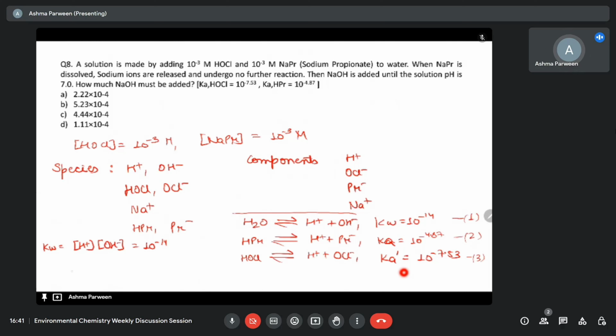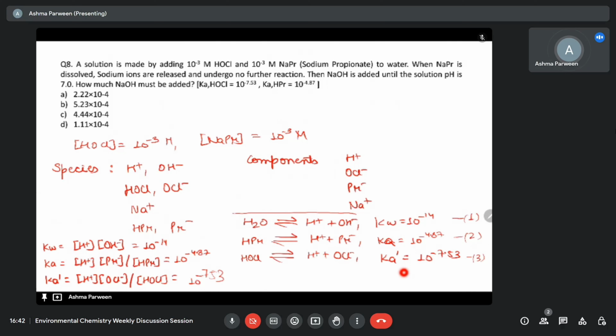From equation 2, Ka is H plus times Pr minus upon HPr, equal to 10 raised to power minus 4.87. From the third reaction, Ka dash is H plus times OCl minus upon HOCl, equal to 10 raised to power minus 7.53. So we have 3 reactions and the corresponding 3 equilibrium relationships.